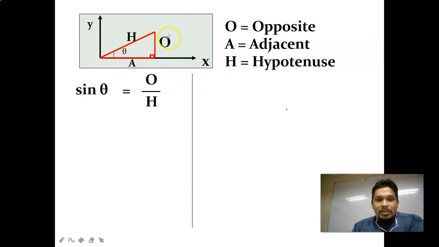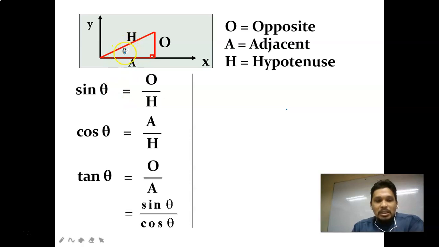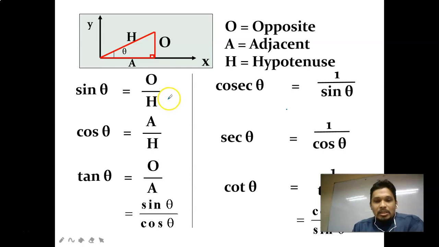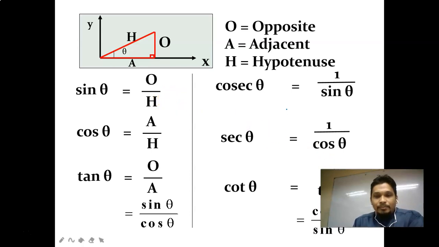We have O standing for opposite, H for hypotenuse, and A for adjacent. So sine theta equals opposite divided by hypotenuse. Cos is adjacent divided by hypotenuse, and tangent is opposite divided by adjacent. Then cosecant, secant, and cotangent.